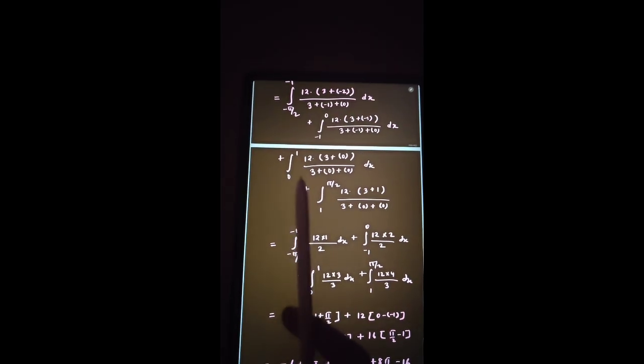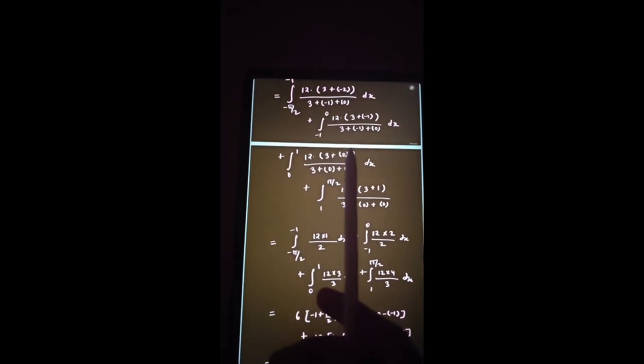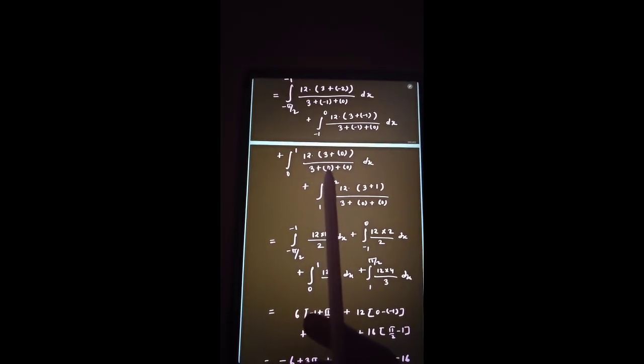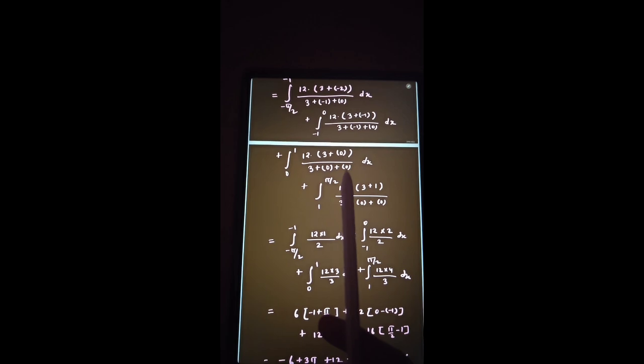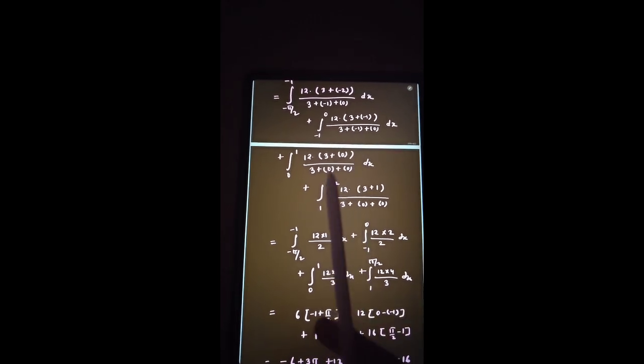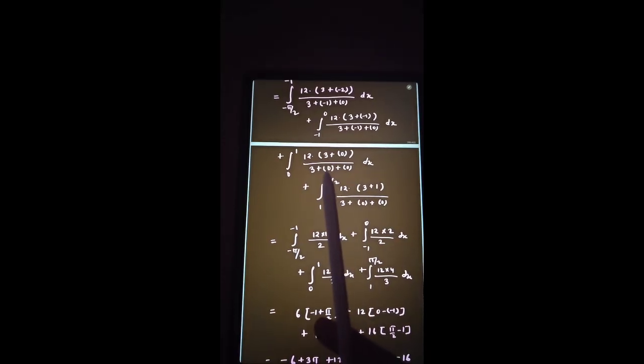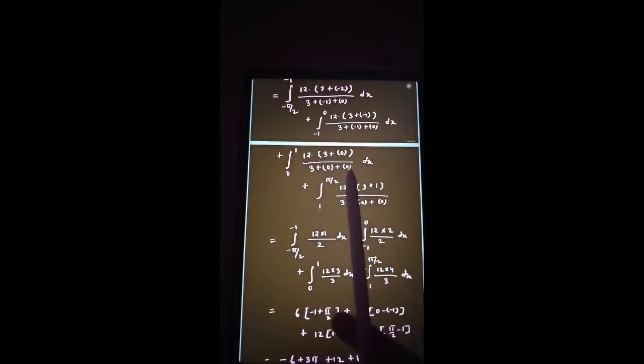Again for the interval 0 to 1, the greatest integer function of x is 0, and sin x is from 0 to 1, so its greatest integer value is 0, and the greatest integer value of cos x is 0. In the negative case it is minus 1, but for the positive case 0 to 1, the greatest integer value of sin x is 0, and of cos x also 0.